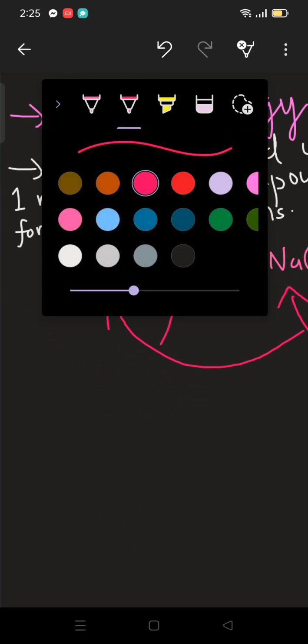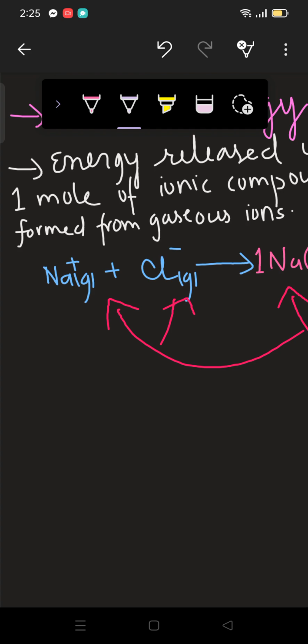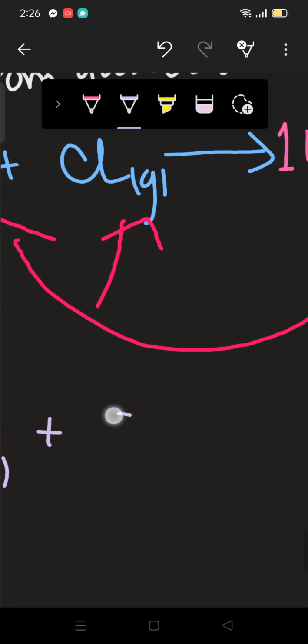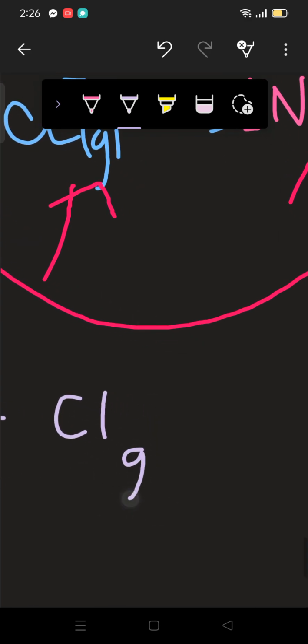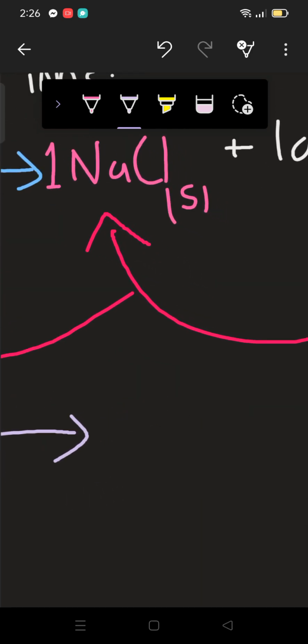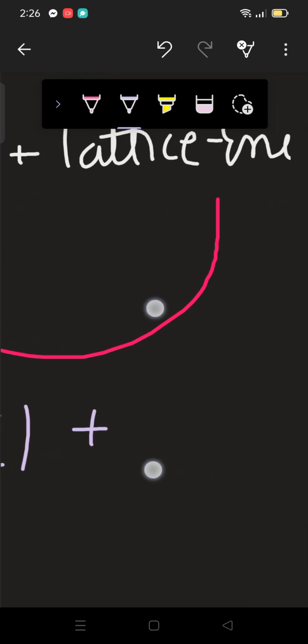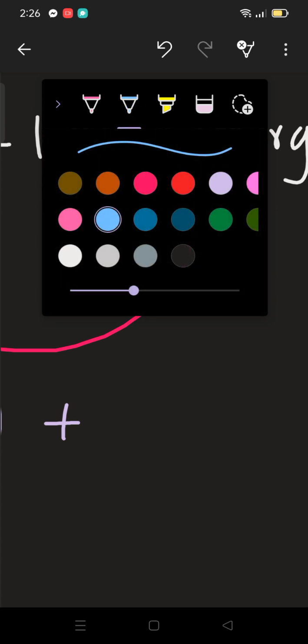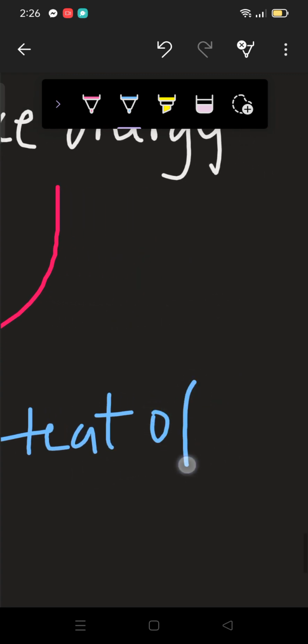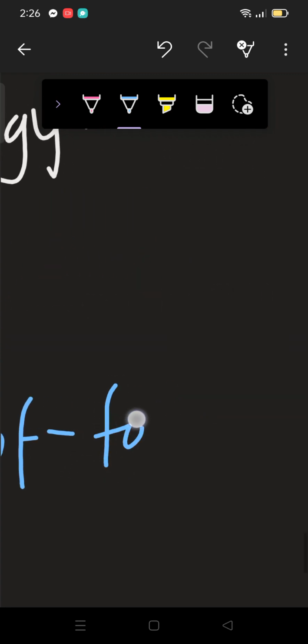Now let me tell you what is heat of formation. If Na in its actual state, we know that Na is a metal and it exists in solid state, right? Plus chlorine, which is a gas and exists in gaseous state. Now they both react together and the compound is formed. In this process the energy which will be released would be the heat of formation.